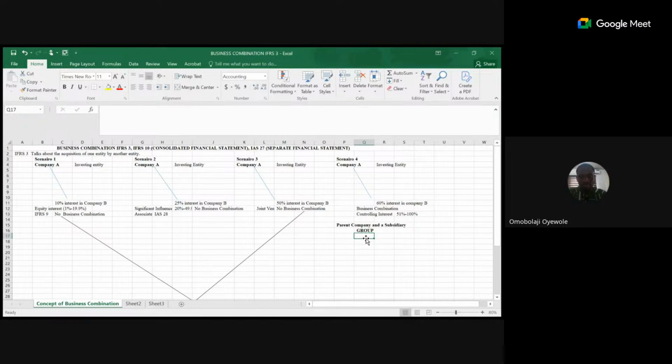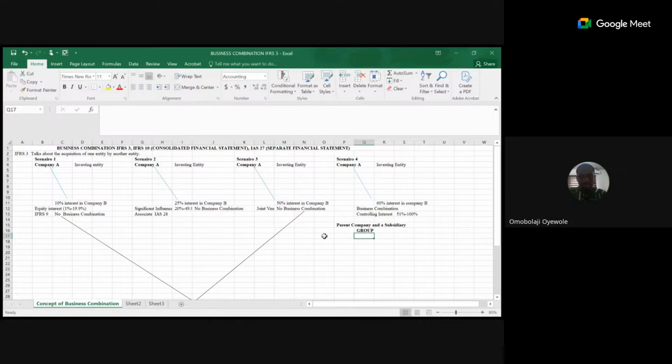So, in a nutshell, a business combination is the process by which one entity acquires another entity. So, for business combination to exist, the key factor there is that what? There must be a controlling interest.